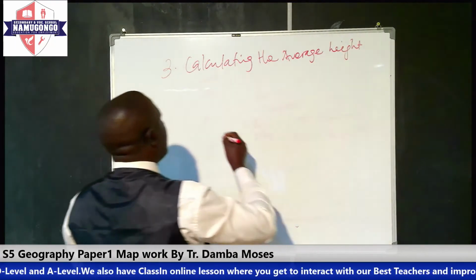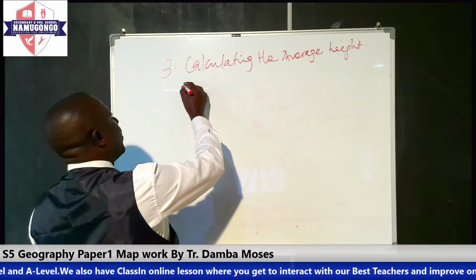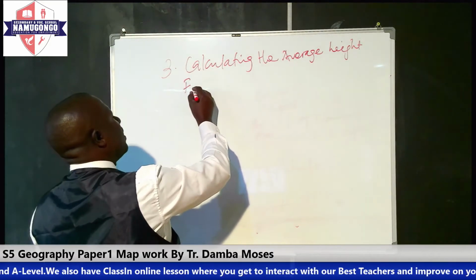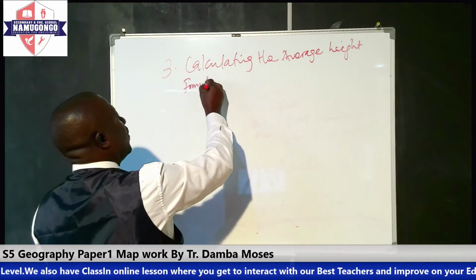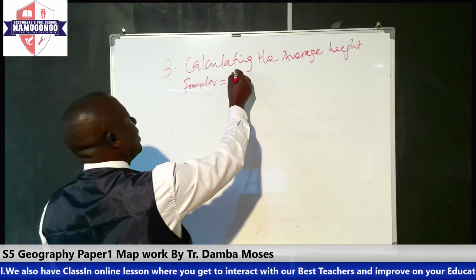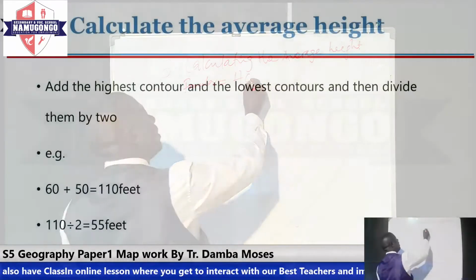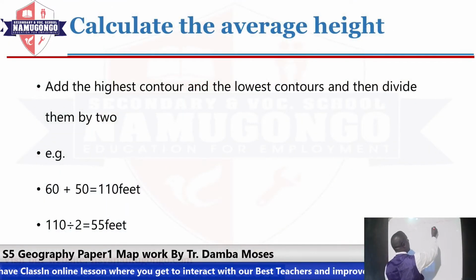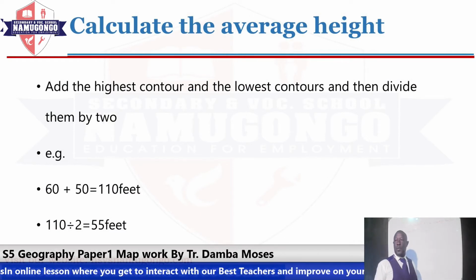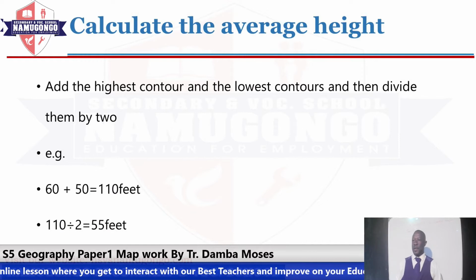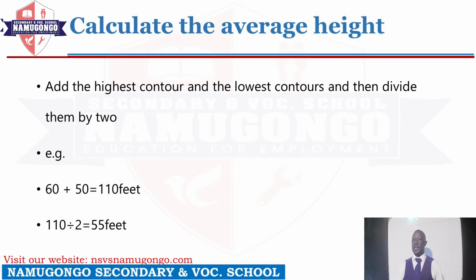And this is given by this formula. There's a formula, okay, which we use. And this is the highest contour plus lowest contour divided by 2. Okay, we are calculating the average height, and by calculating the average height, you will have described relief.